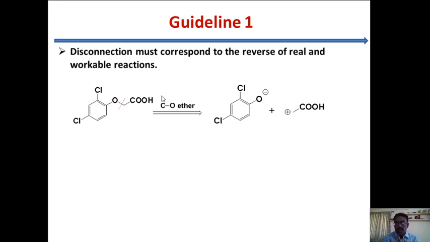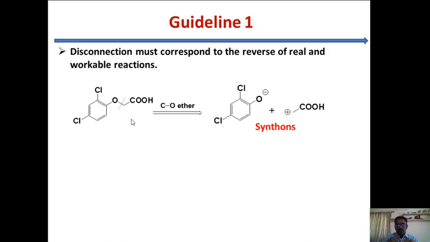Based on known chemistry only can you break the bond; you cannot simply break anywhere in the molecule. If you are breaking a bond, you should be able to form the bond. So when you break a bond, you should think of the working of the reaction. That should be a reversal of a real and workable reaction.